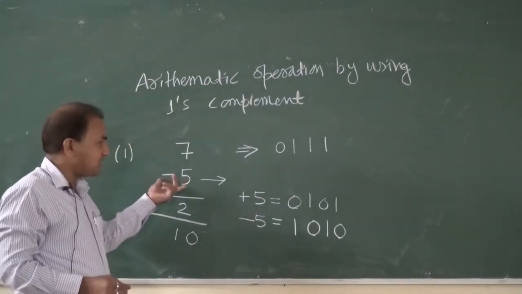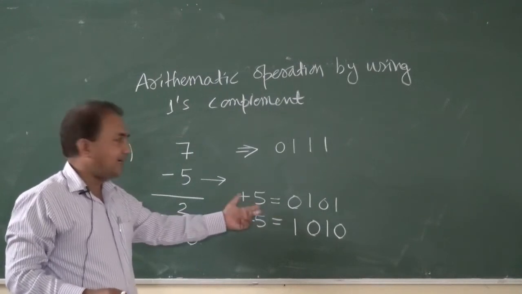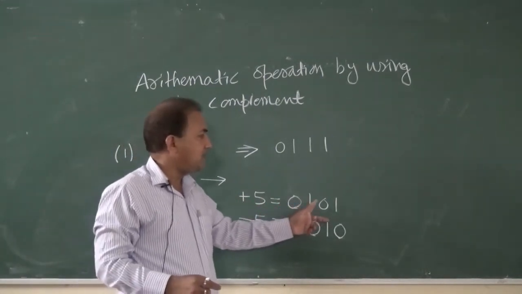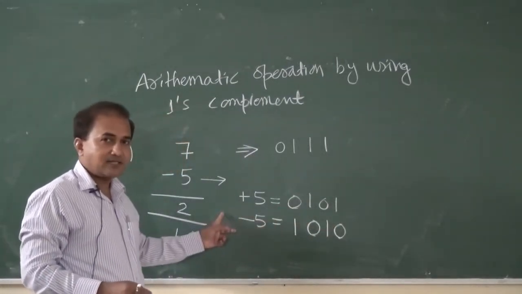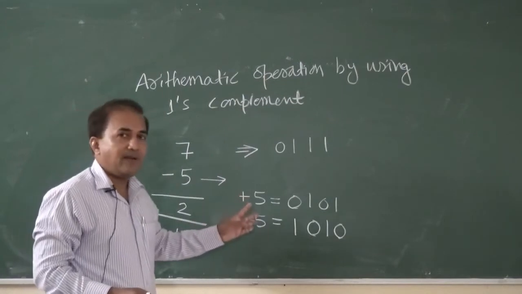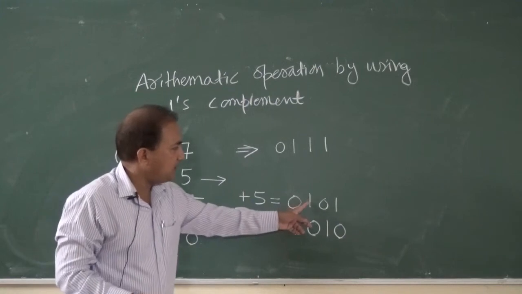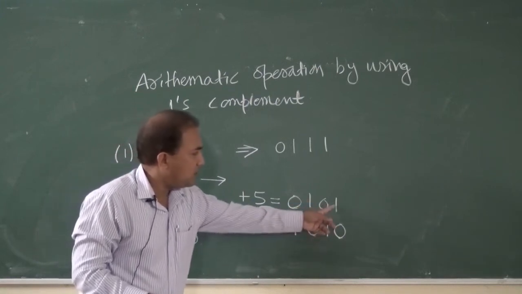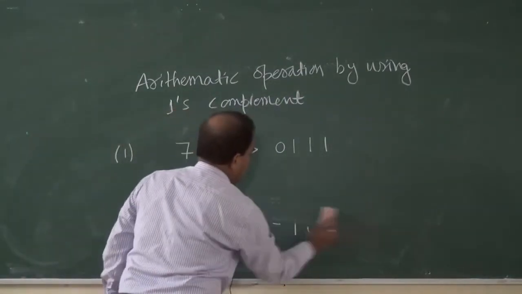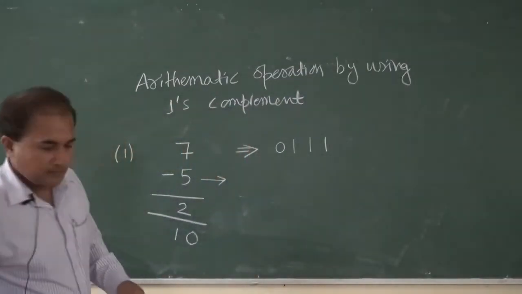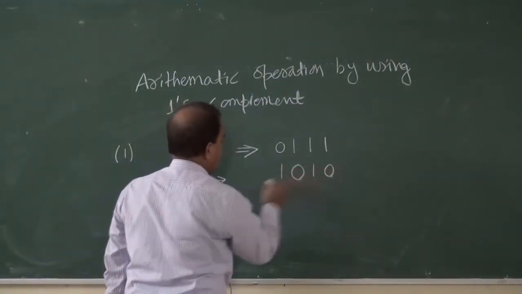And for representing minus 5, you first write plus 5, 0 1 0 1. Then complement each bit, 0 to 1, 1 to 0, 0 to 1, 1 to 0. So it is 1 0 1 0.